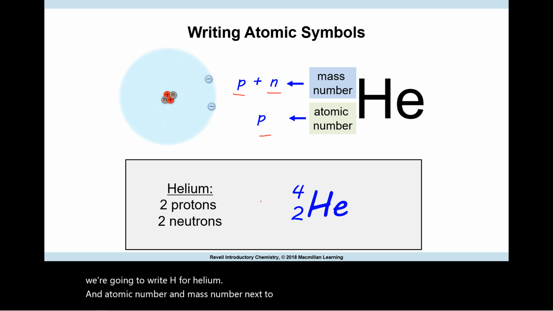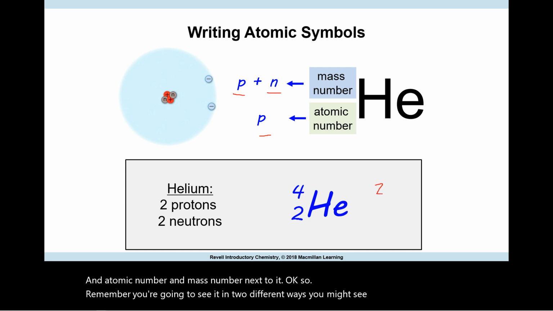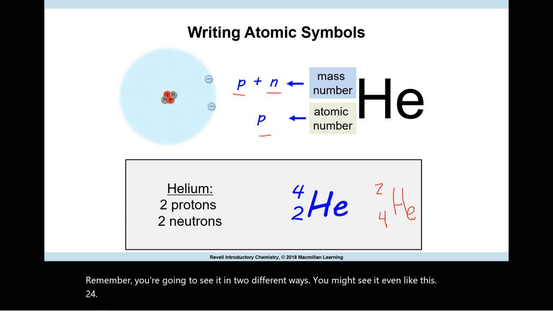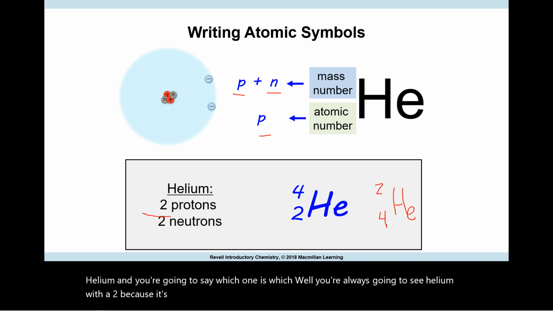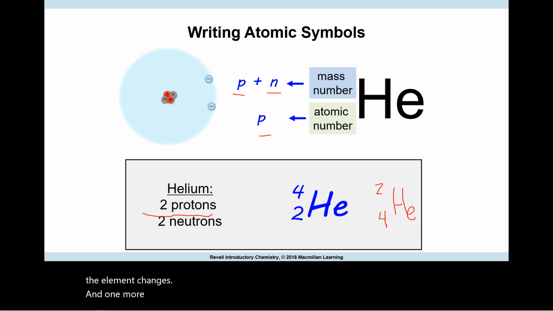Remember, you're going to see it in 2 different ways. You might see it like this: 2, 4 helium. And you'll say, well, which one is which? Well, you're always going to see helium with the number 2 because it's always going to have 2 protons. If the number of protons changes, the element changes. One more time: if the number of protons changes, the element will change.